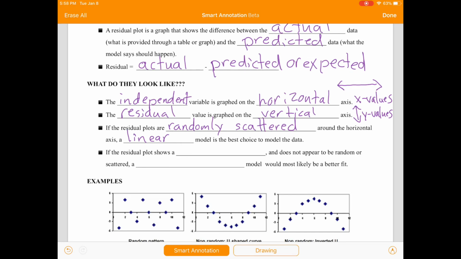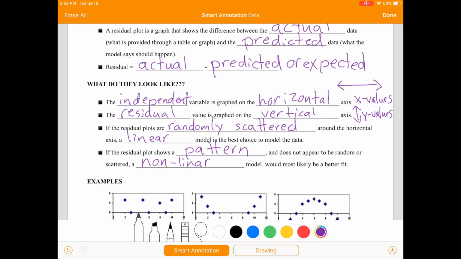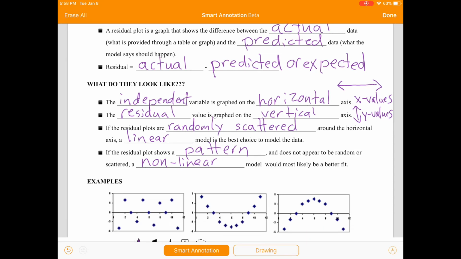If the residual plot shows a pattern and does not appear to be random or scattered, a nonlinear model would most likely be a better fit.